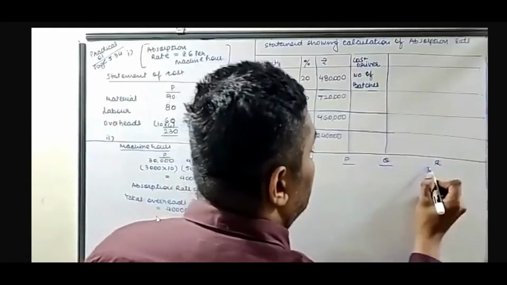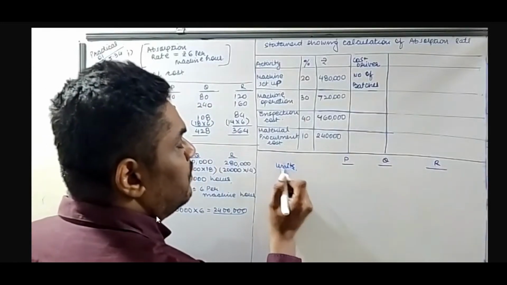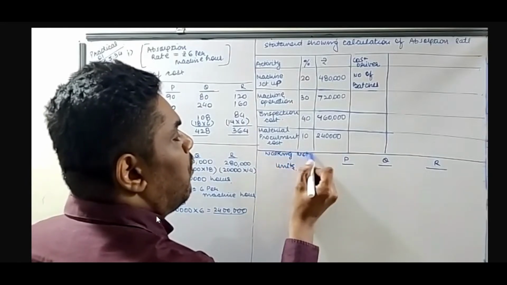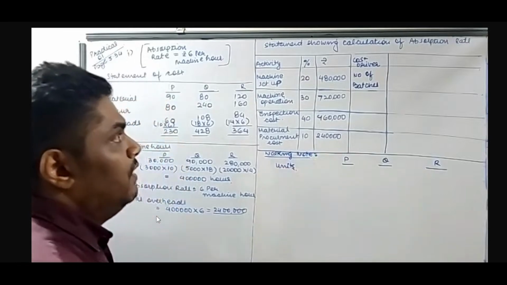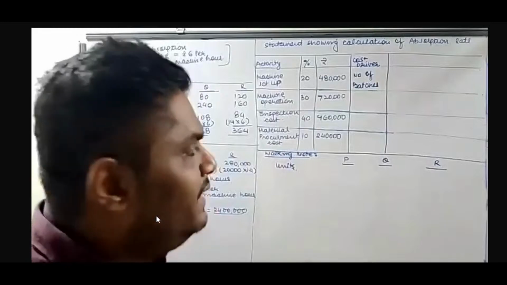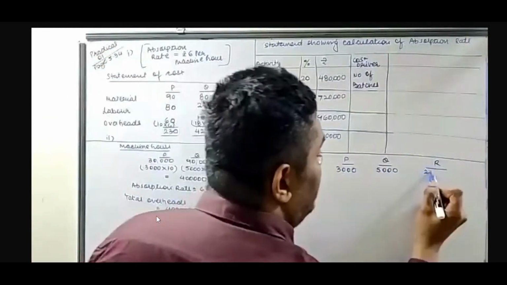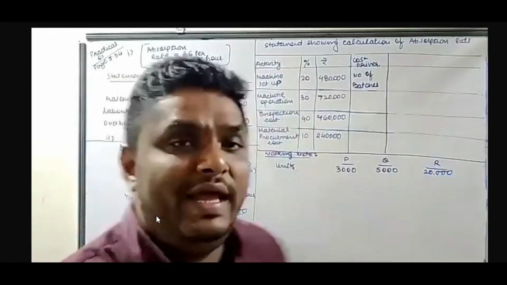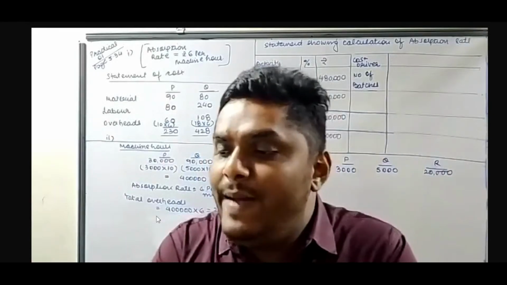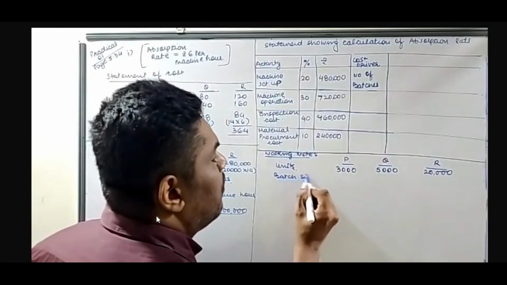PQR. We have the total number of units of P, Q, and R: 3,000, 5,000, and 20,000. The number of batches is not given, but the batch size is given, that is, how many units are manufactured in a batch.